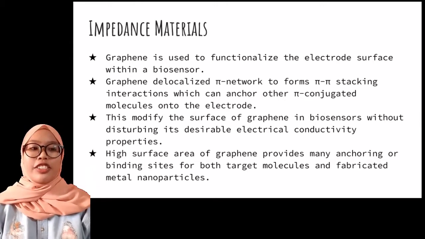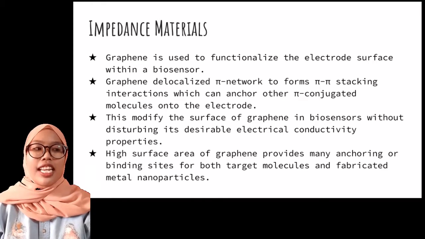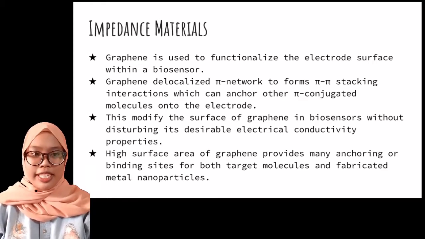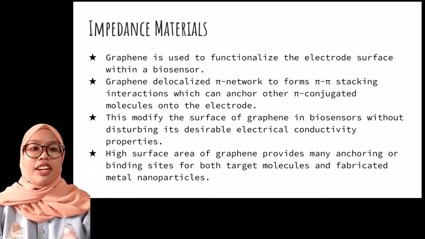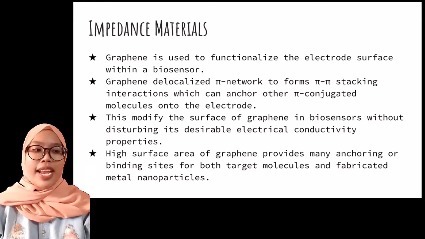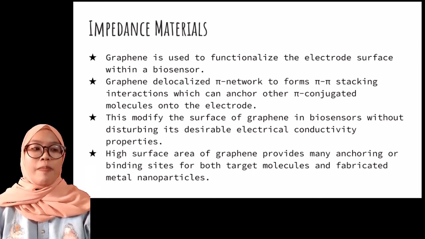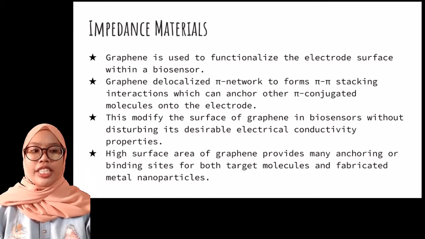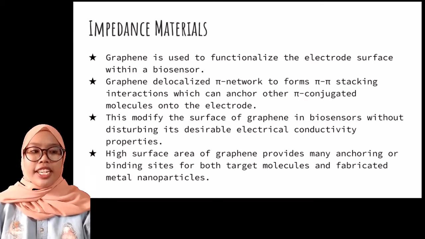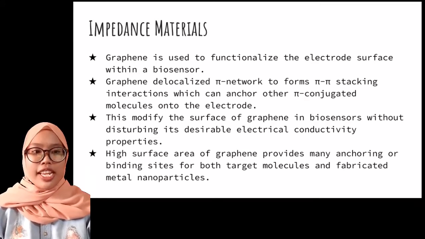The second principle is impedance materials. The graphene is used to functionalize the electrode surface within a biosensor. Second, graphene delocalizes the pi network to form pi-to-pi stacking interaction, which can anchor other pi-conjugated molecules onto the electrode.